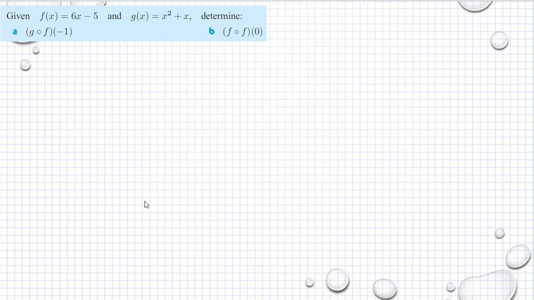Okay, we have f of x is equal to 6x minus 5, and g of x is x squared plus x. Then we need to find g of f of x, where x is equal to negative 1.